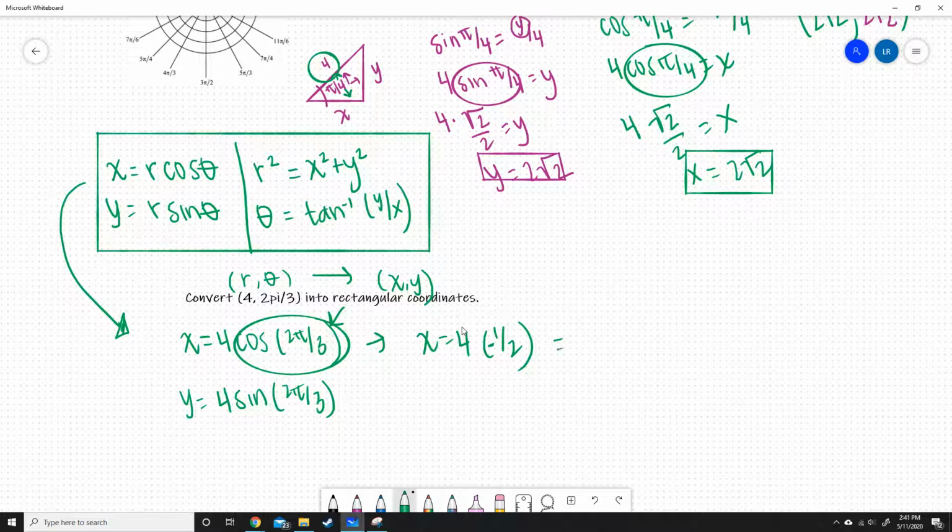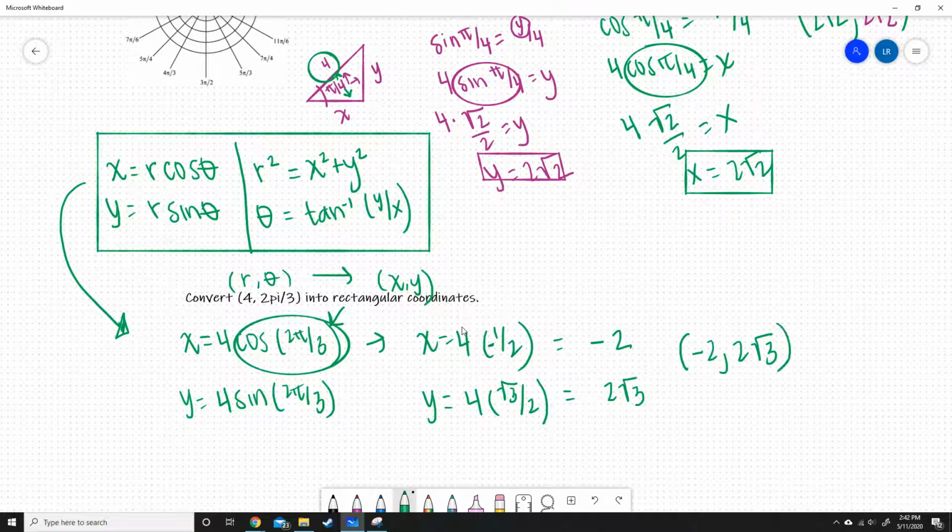And so our x value is going to be negative 2. y is going to be 4 times, well, the sine of 2 pi over 3 from the unit circle is root 3 over 2, which means my y coordinate is going to be 2 root 3. And I could write this as (negative 2, 2 root 3).